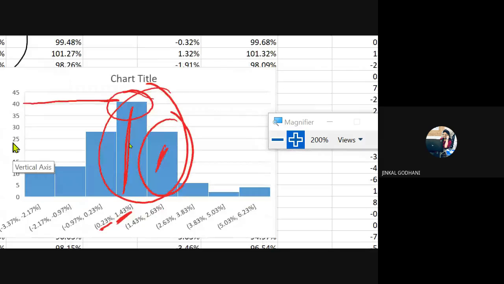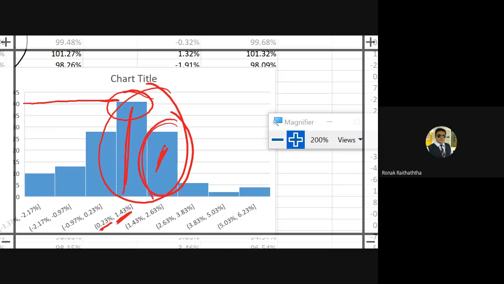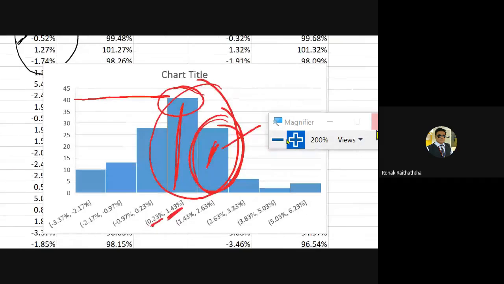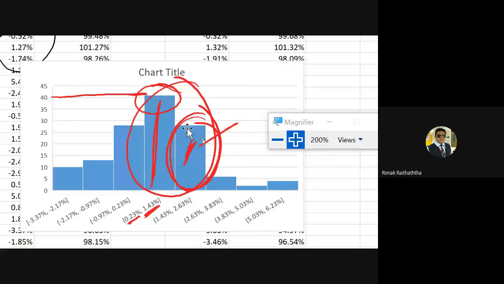Anyone would like to? Forty-two values are between 0.23 percentage and 1.43 percentage. Okay, that I have said. The next one, this one. You're perfectly right.